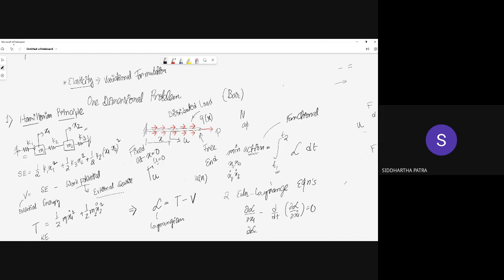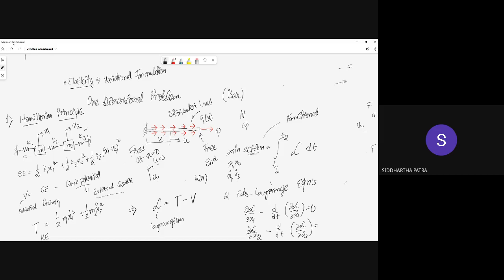And the other equation should be, in this case we would be getting a set of differential equations, d/dt of del L del x2 dot.